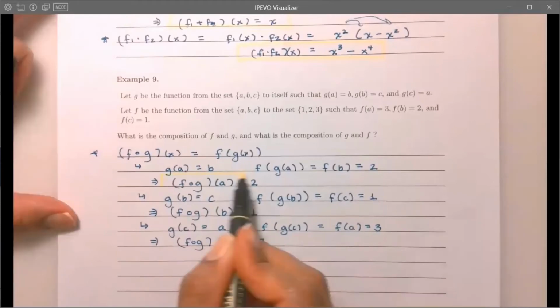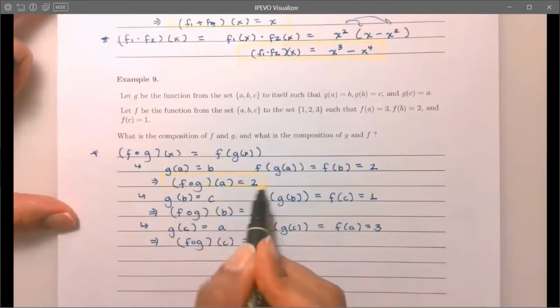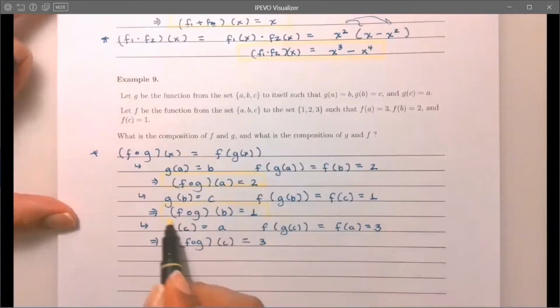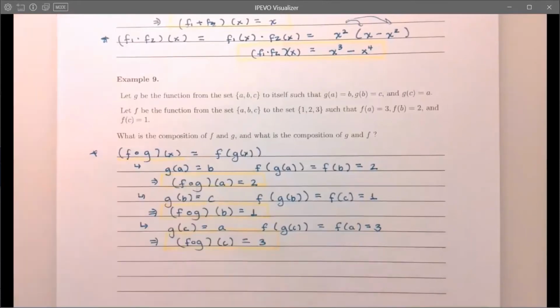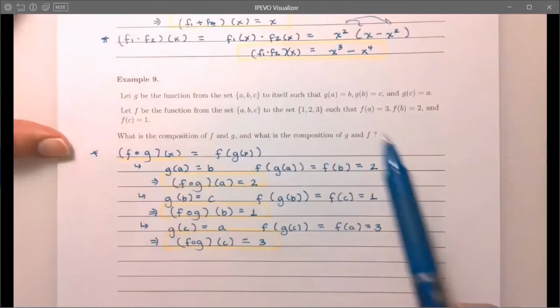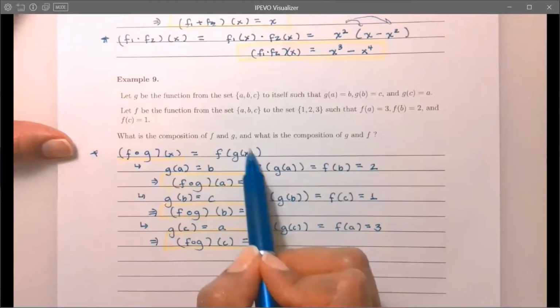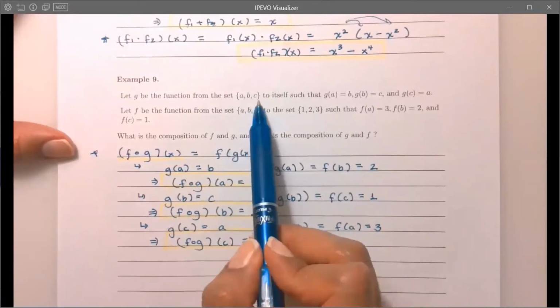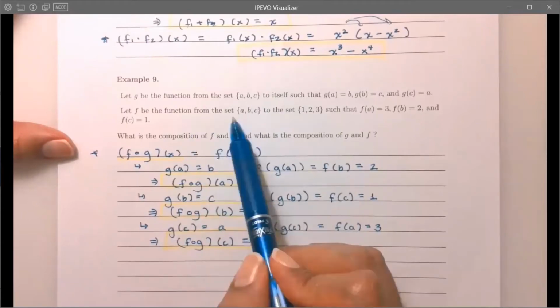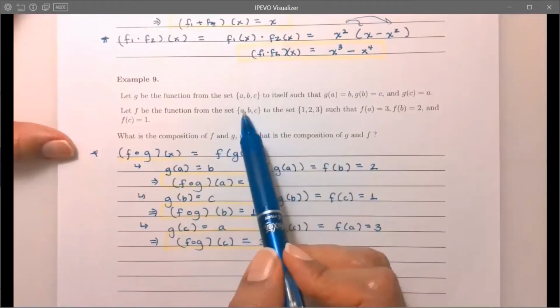Okay, so these three together make up the composition f of g of x. Notice this worked because the output of g of x, the codomain of g, was ABC, and the domain of f is ABC. So that's why it worked.